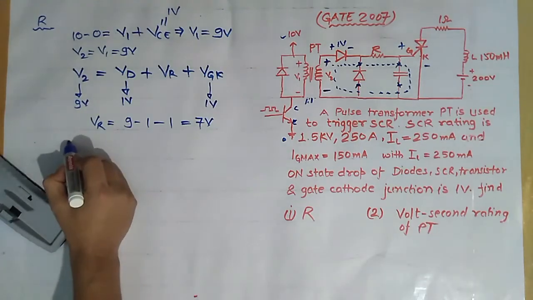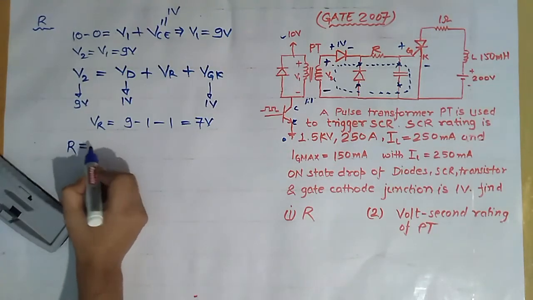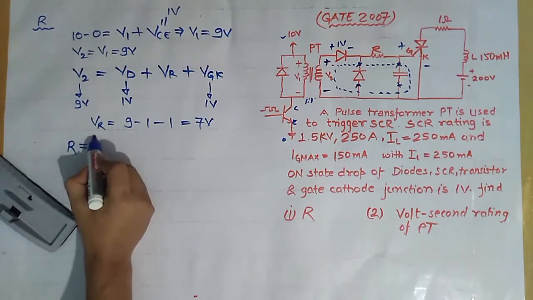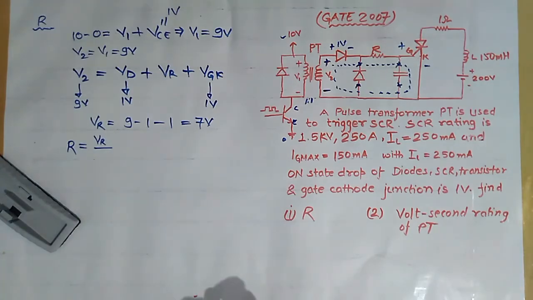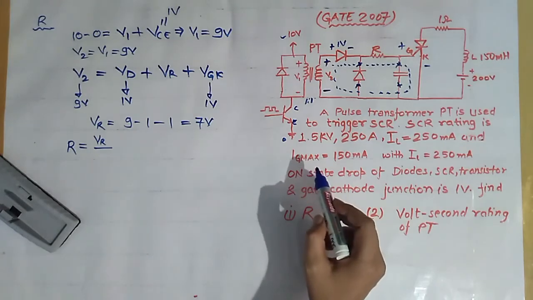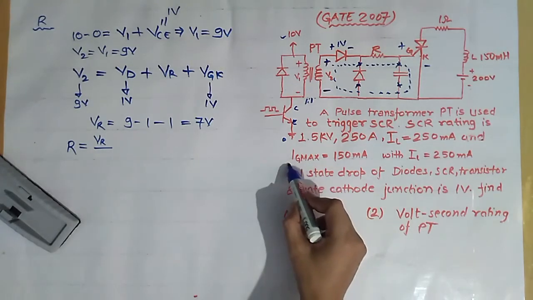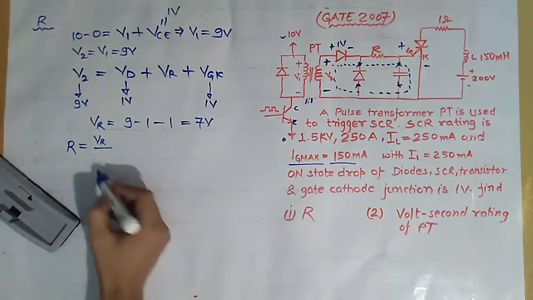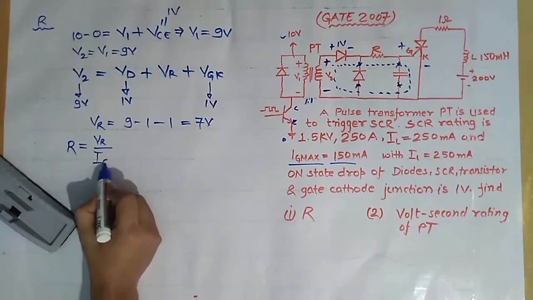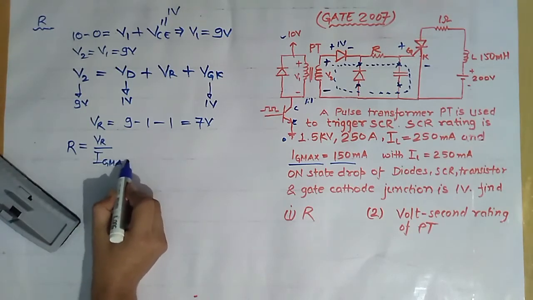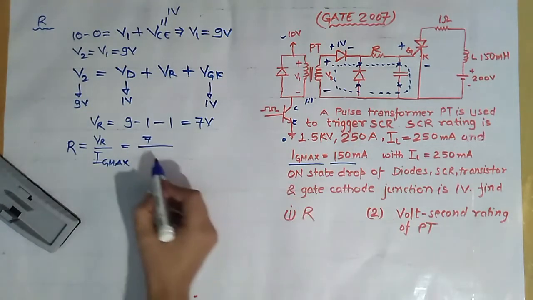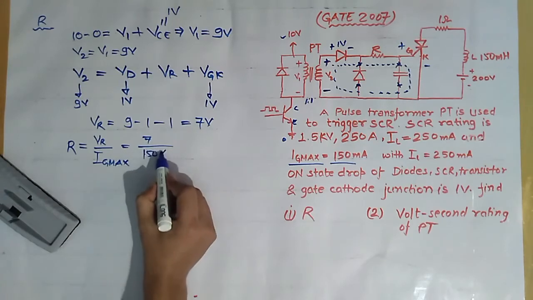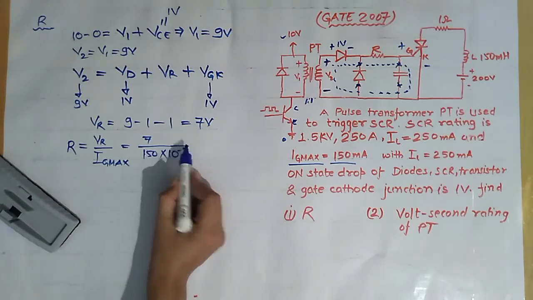Now what is R? R is simply equal to V by I. So the voltage across the resistance is VR. And what is the current through the resistance? We know that for reliable turn on, the current through the gate terminal is Ig max, that is 150 milliampere. So on putting this, we get 7 divided by 150 into 10 to the power minus 3.